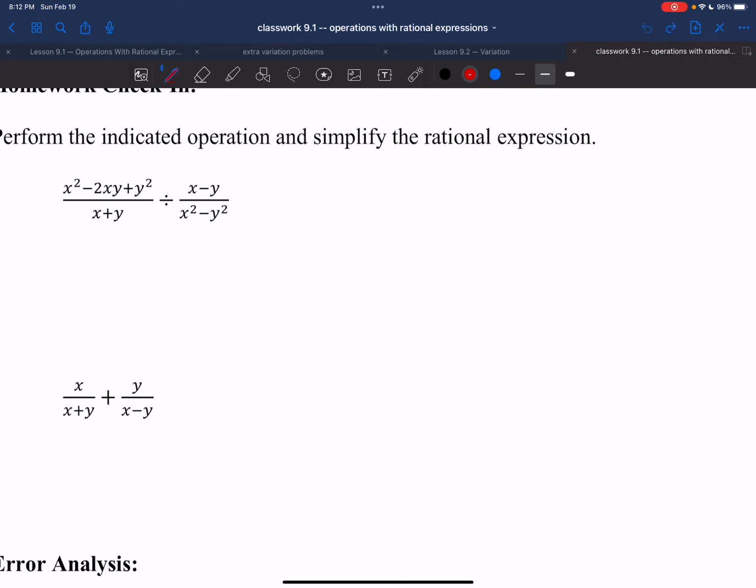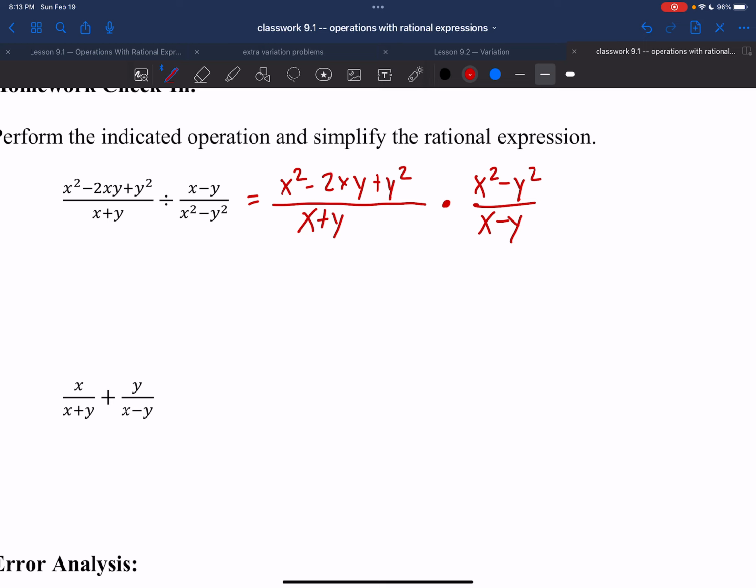I'm doing a rational expression divided by another rational expression. So I'll do keep, change, flip. I'll say x squared minus 2xy plus y squared over x plus y times, and I'm going to flip the other fraction and take the reciprocal of the other fraction, okay? And that's how you can get started with that one.